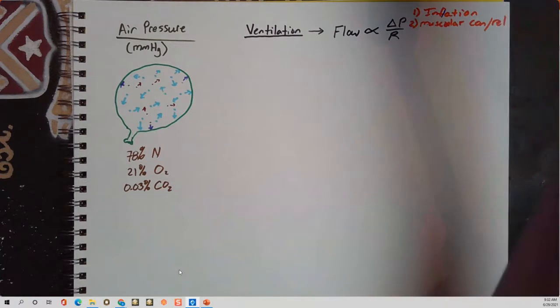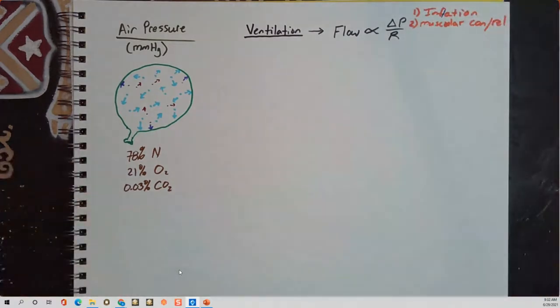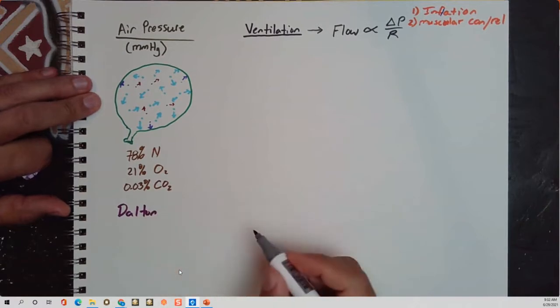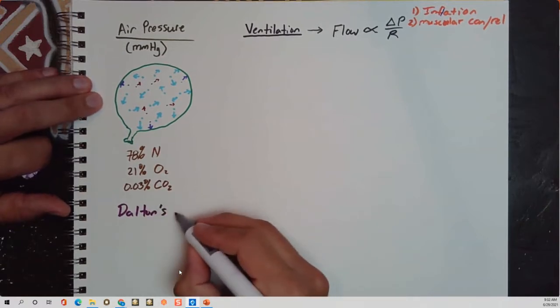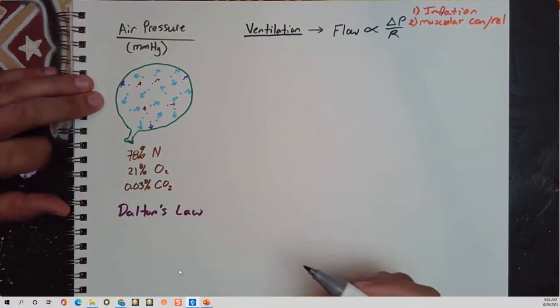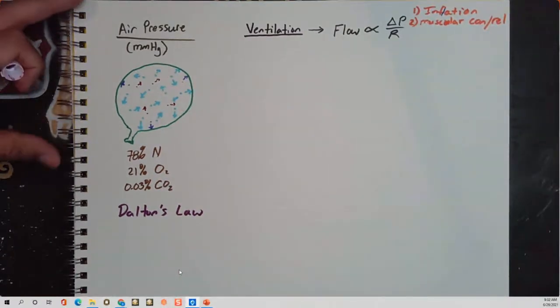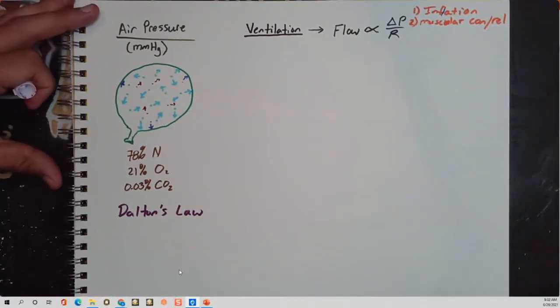And there is this scientist named Dalton who basically said, I need to try to come up with a way to measure pressures in the world around us. And he started going into what is the composition of air.